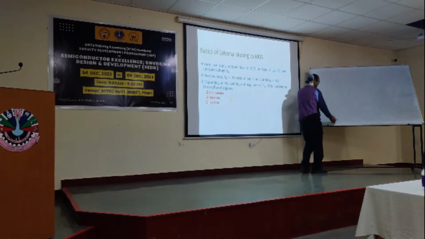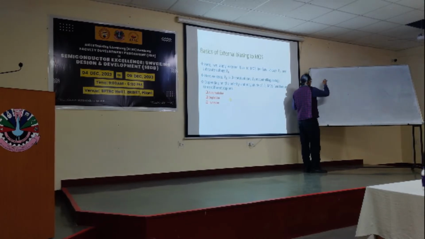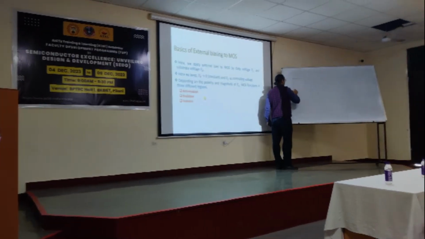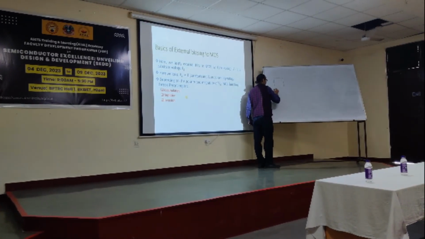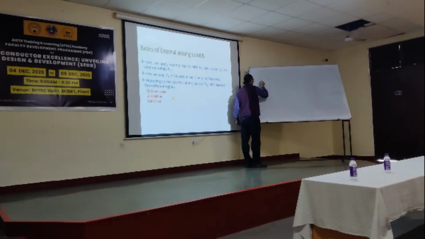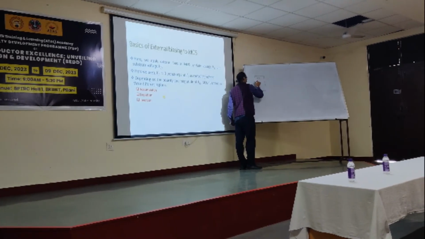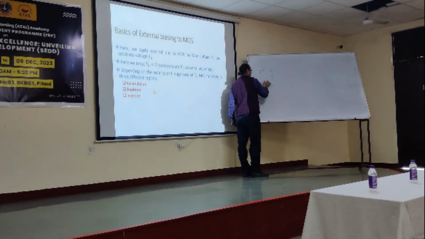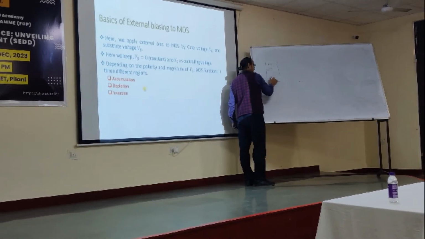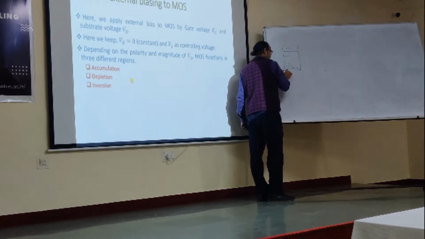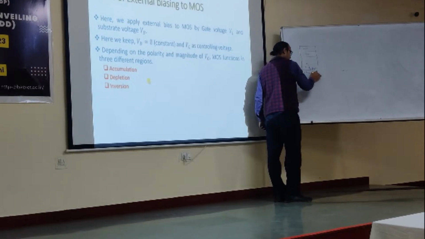Okay, so as I said, we have metal, oxide, this is semiconductor, this is p-type. I want to make an n-channel MOSFET. Why?